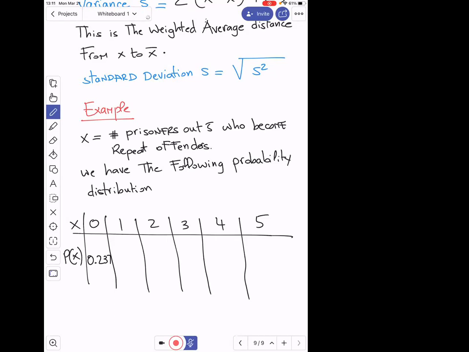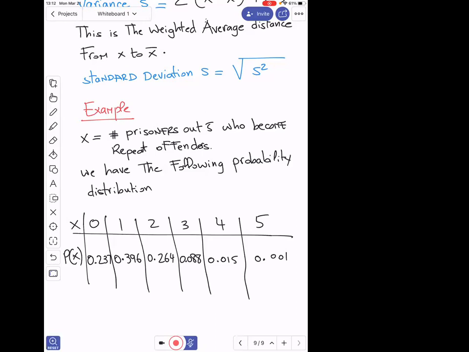For 1, it's 0.396. For 2, let's say 0.264. For 3, it's 0.088. For 4, 0.015, and for 5, it's 0.001.